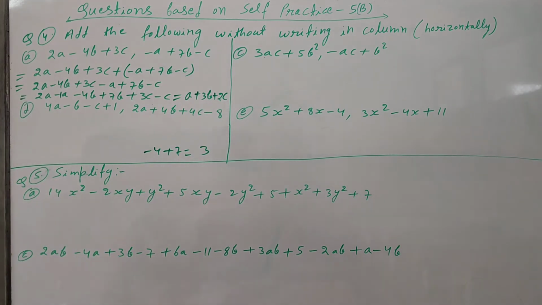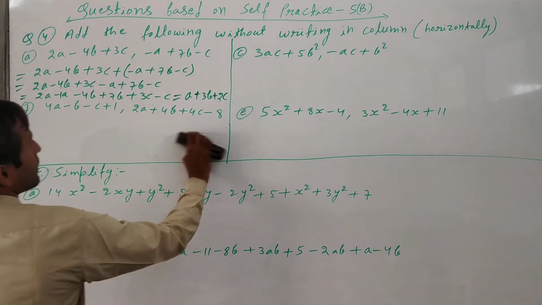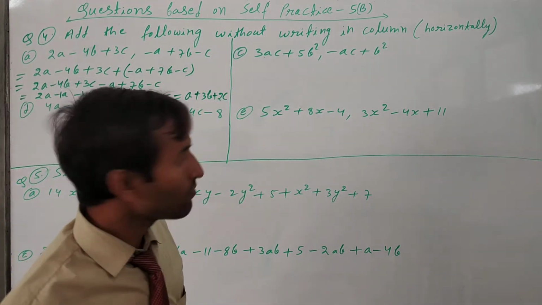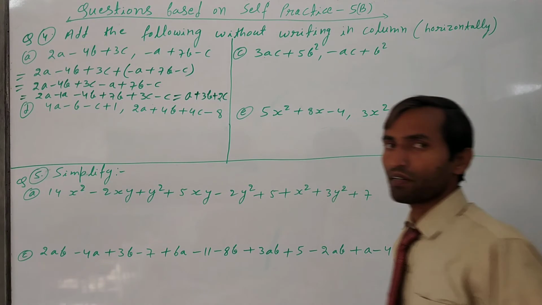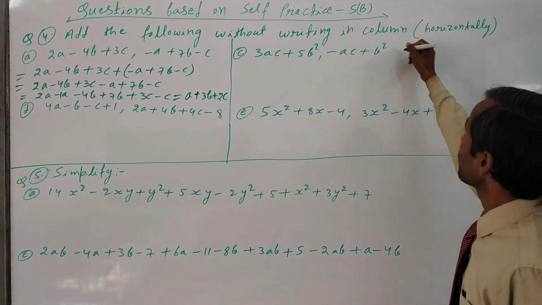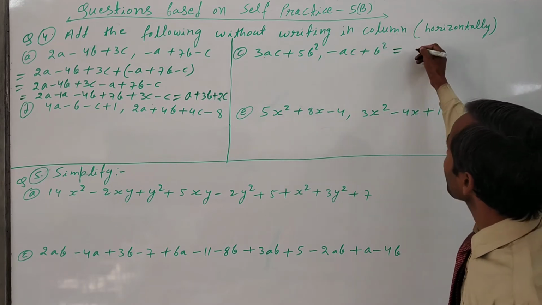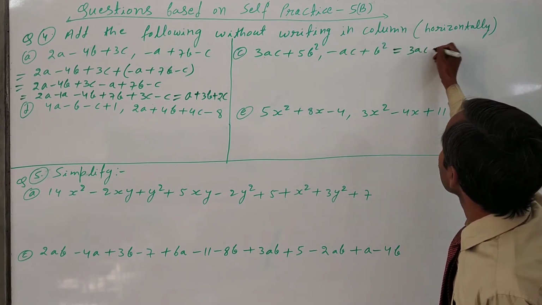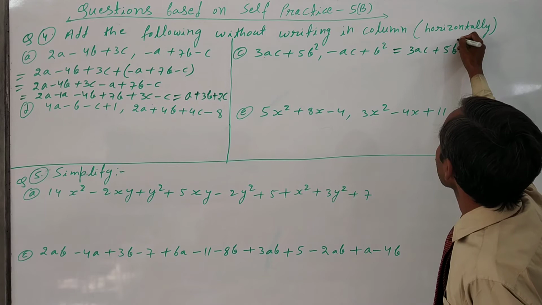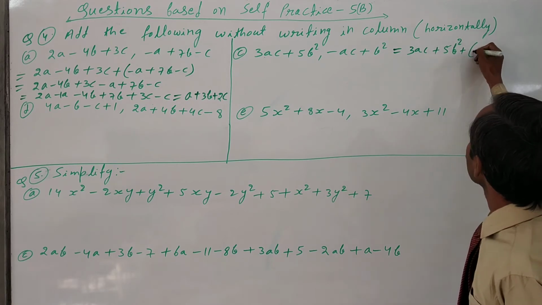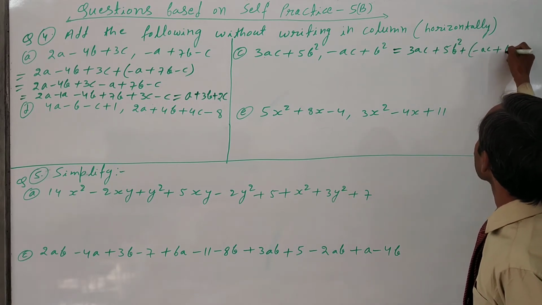Next one, in the b part we will do the same. The c part, the b part I have left, you have to do yourself. So first of all we will arrange this. First we write down 3ac plus 5b square and just put plus, minus ac plus b square.